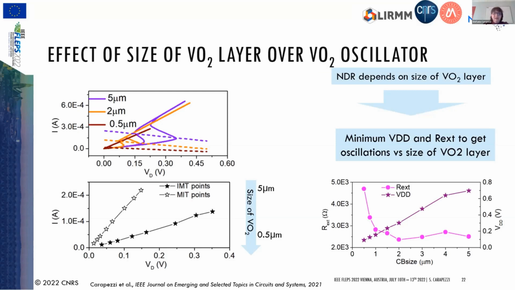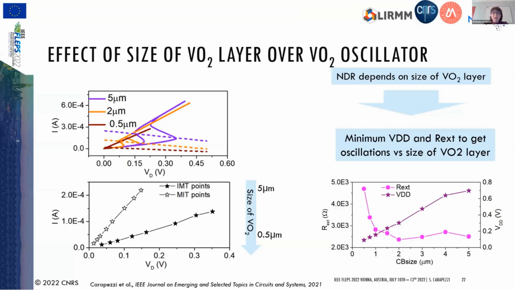You can see here the effect of varying the dimension of the vanadium dioxide, I repeat, keeping constant the contact width. So there is a shrinkage, which means that the device is turning on, the transition is occurring, at lower and lower applied voltage.